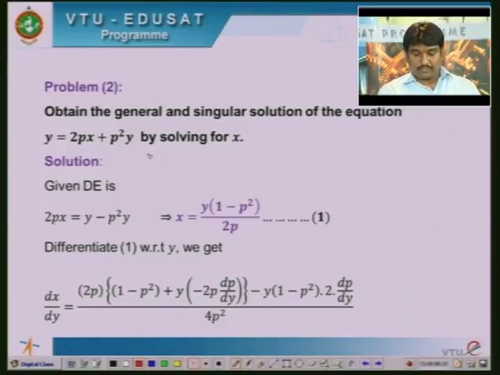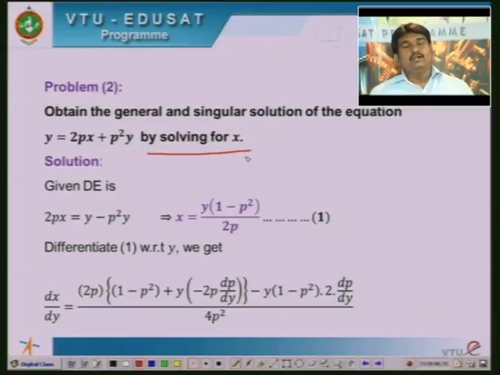If this is not mentioned, of course you have one more technique. You can solve this using solvable for p, because it's a quadratic equation, p square y plus 2px minus y equals 0. You can find the roots as I mentioned earlier and factorize it to get the solution. So it's one technique.